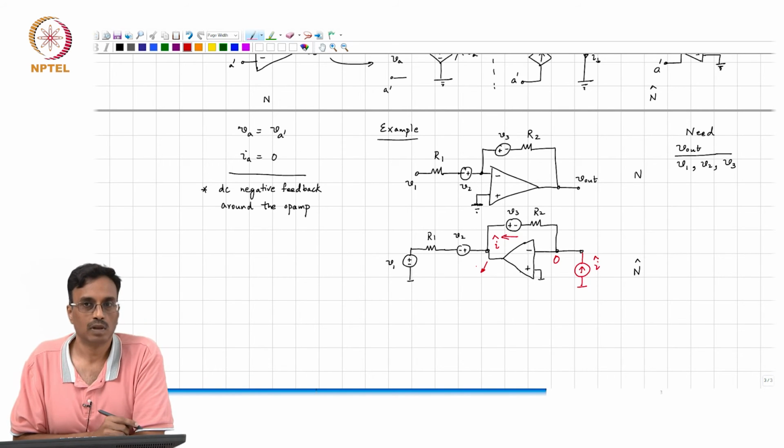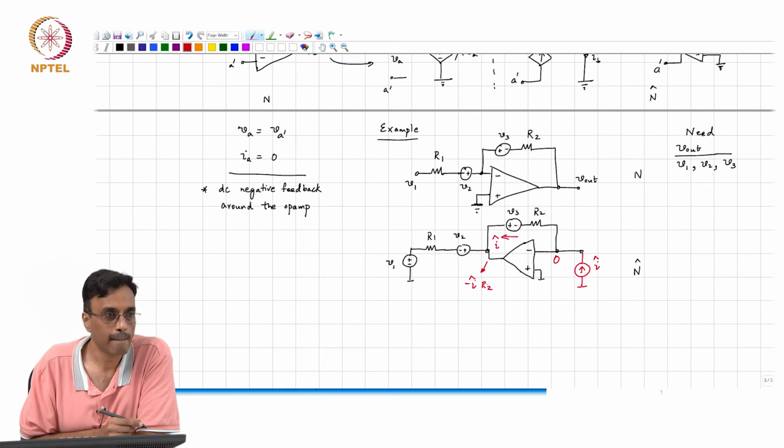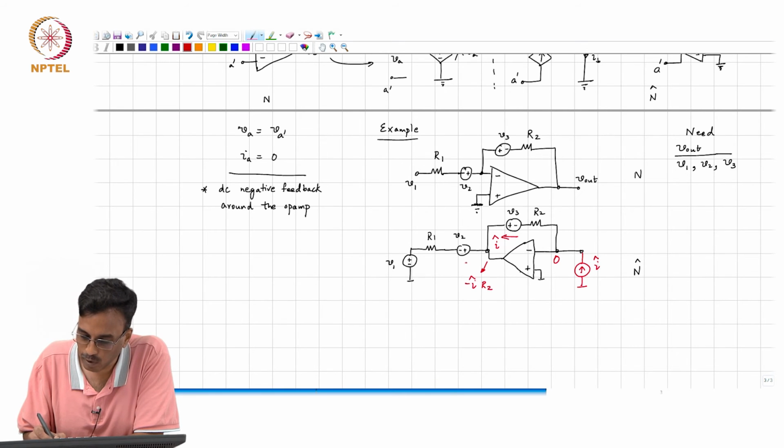Come on, people. Minus I hat R2, correct. And therefore, what comment can you make about this current?